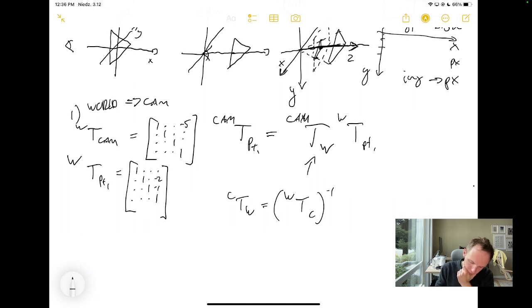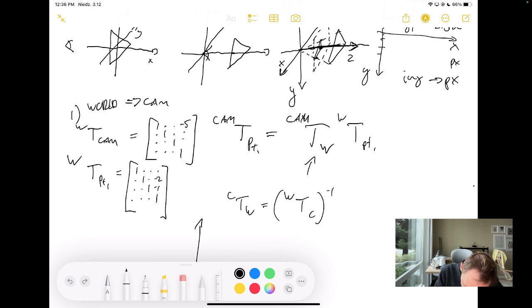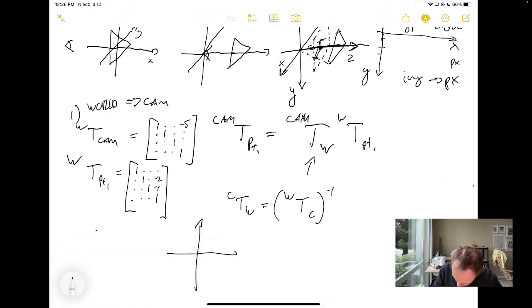So first, what would we expect? If I draw a coordinate system like this, and here's the beginning of the coordinate system, and then I draw our camera right here, and another coordinate system right around here.